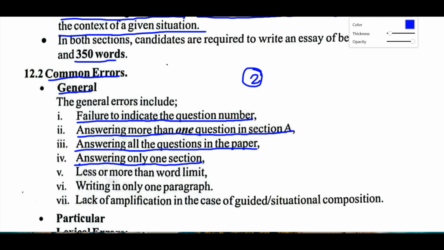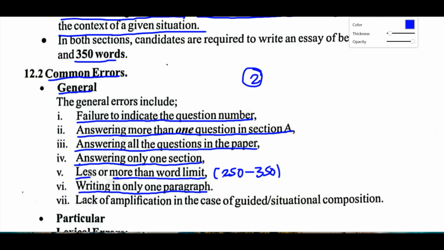Then here we have less or more than the word limit. We are told to write 250 to 350 words, so make sure you write accordingly. Then writing in only one paragraph. Please, we need more than 3 paragraphs. For example, any composition should have an introduction, then the main body, and the conclusion.